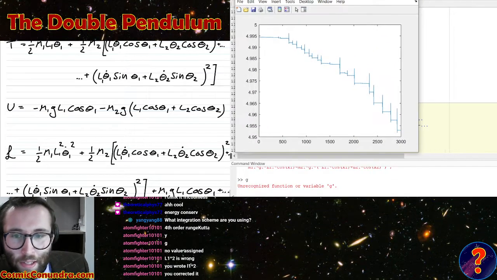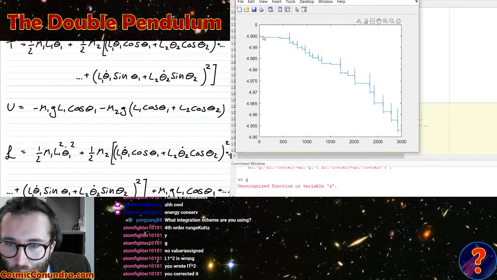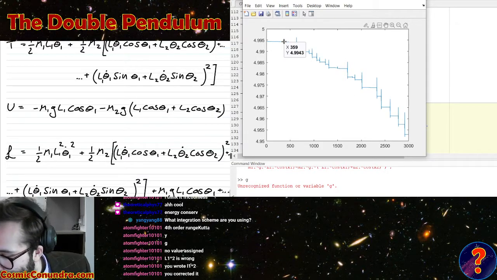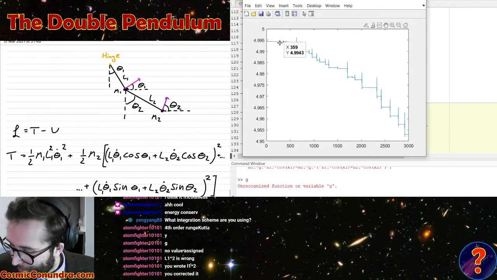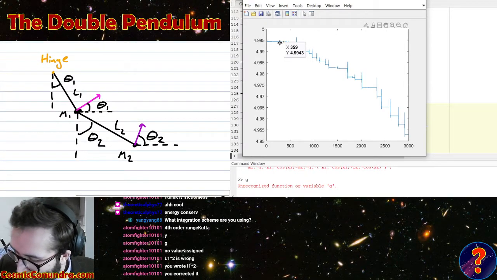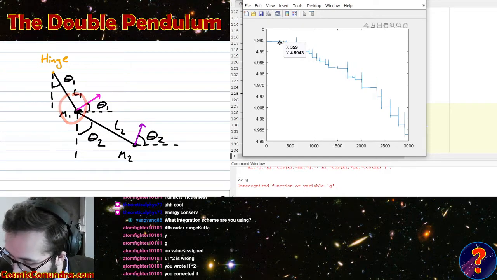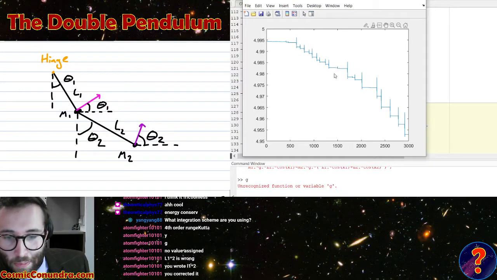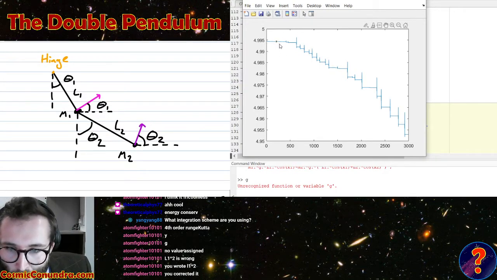Interesting. Okay. So this is the initial total energy, which we agree on. You could calculate this by hand if you like, just from the initial conditions: the first particle starts at pi over 2, the second one at pi over 3. The first one has an initial speed of pi radians per second, and the second has no initial speed. But what you can see is that over time, it appears to be losing energy.